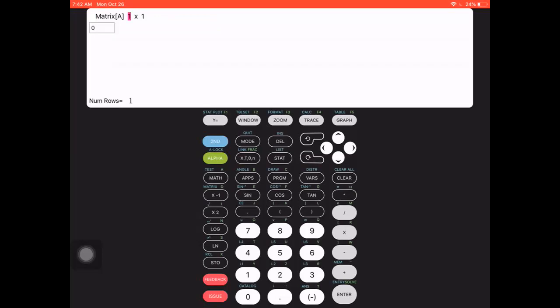Let's look down. Our first matrix, Jordan gave that to us to be a 2 by 3. So we are going to write 2, enter, 3, enter. And then your 2 by 3 matrix pops up, the same amount of rows and columns that you need.